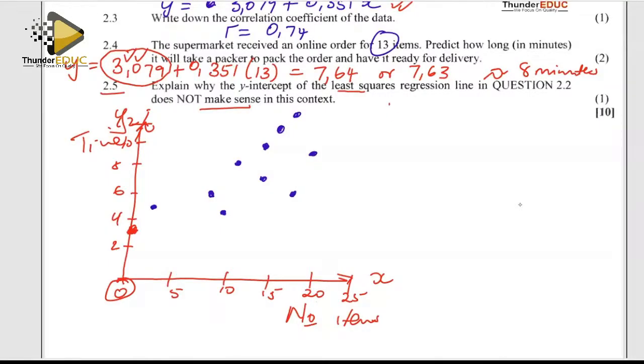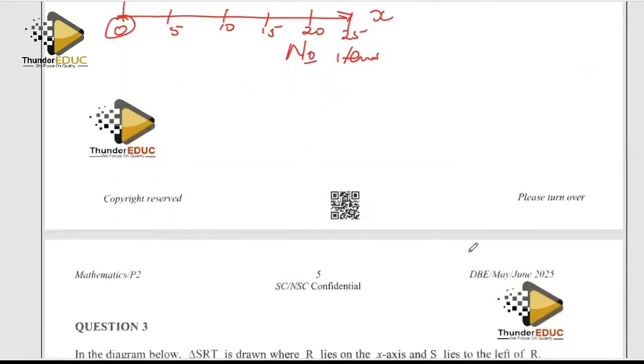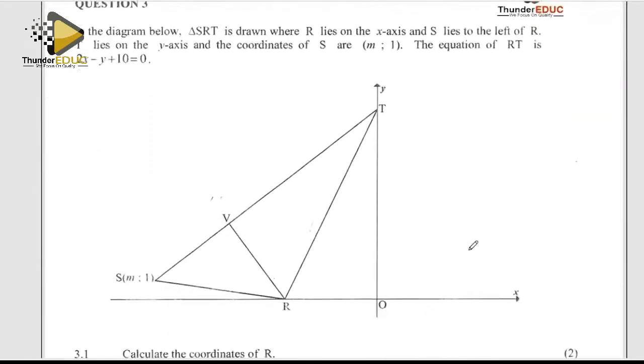That basically doesn't make sense, because whenever an order is placed, there are items that have to be there. In other words, an order must have at least 1 or more items. You cannot make an order and then not order anything. It's like calling pizza people and you say, oh, I need a pizza. How many? 0 pizzas. Doesn't make sense. So the explanation should be around that. Okay, then question number 3.